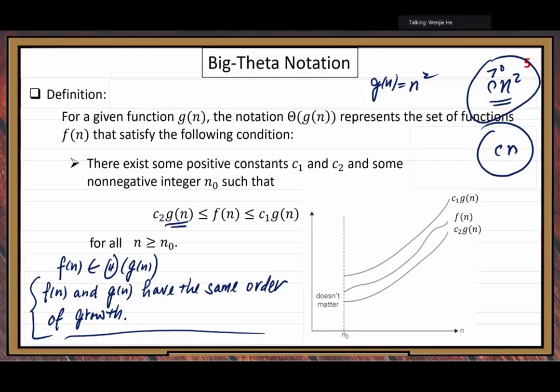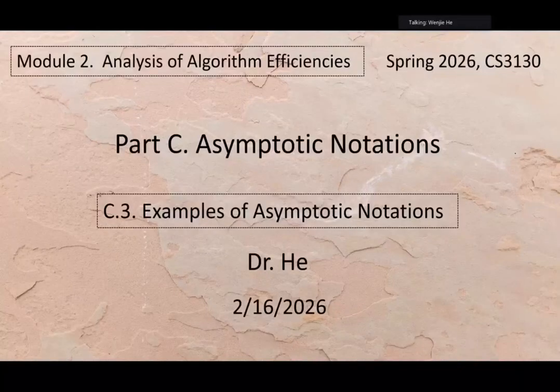Next, section C point 3, examples of asymptotic notations. Let me do some calculations and give you a few useful examples.